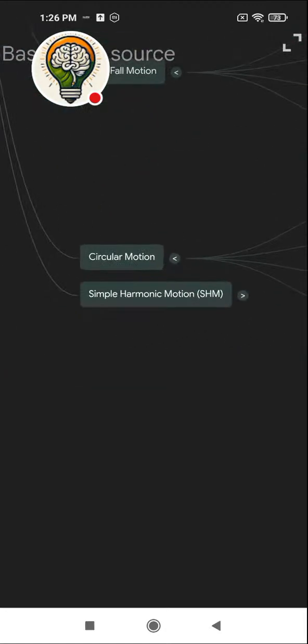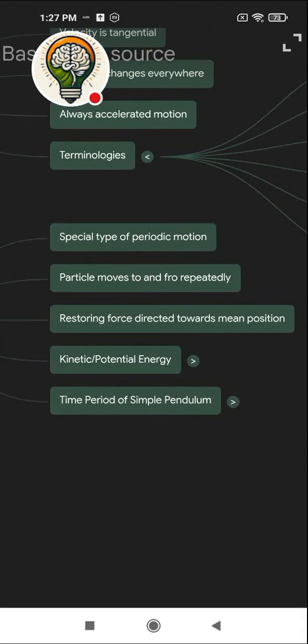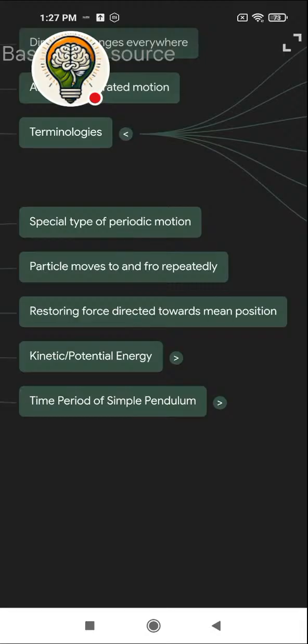Then comes the simple harmonic motion. So simple harmonic motion is a special type of periodic motion. The particle moves to and fro, with restoring force directed toward the mean position, kinetic and potential energy.